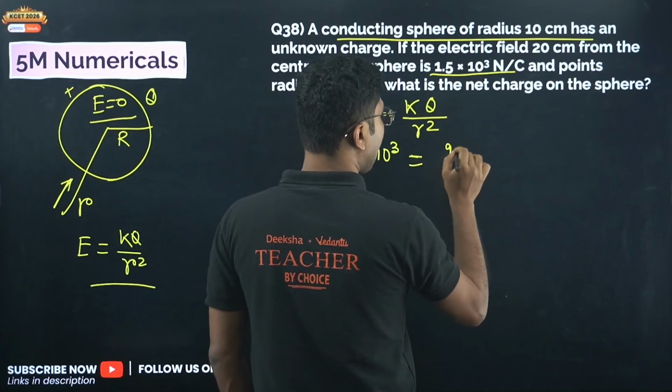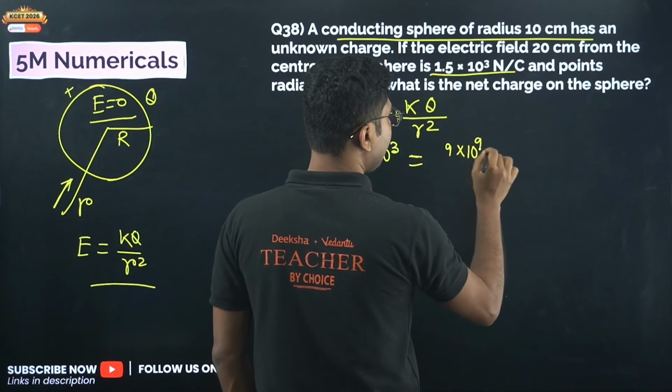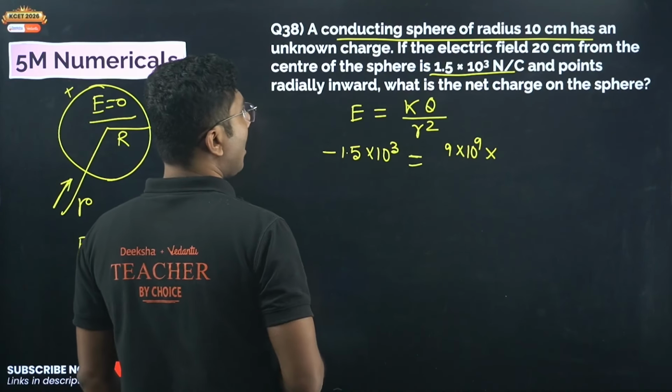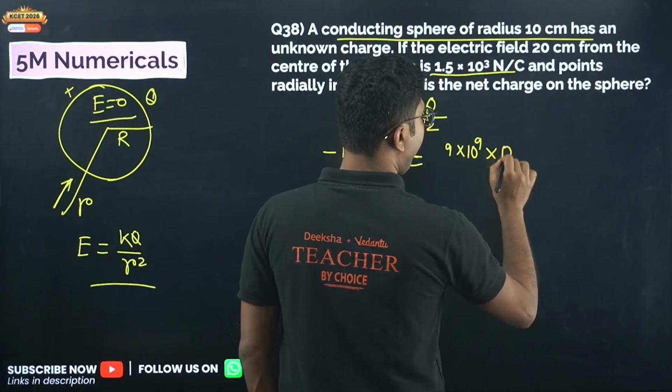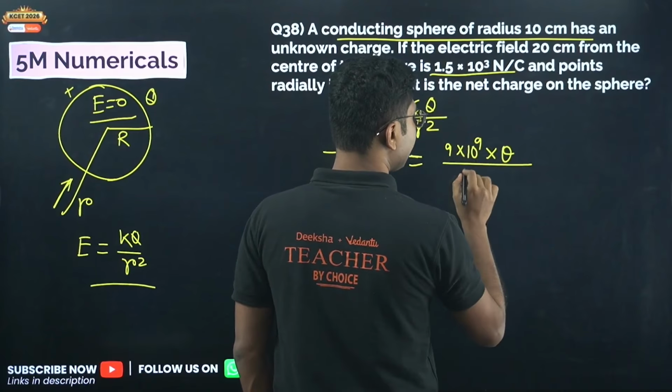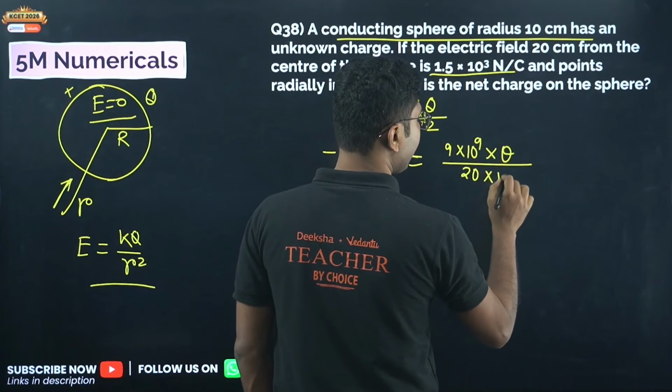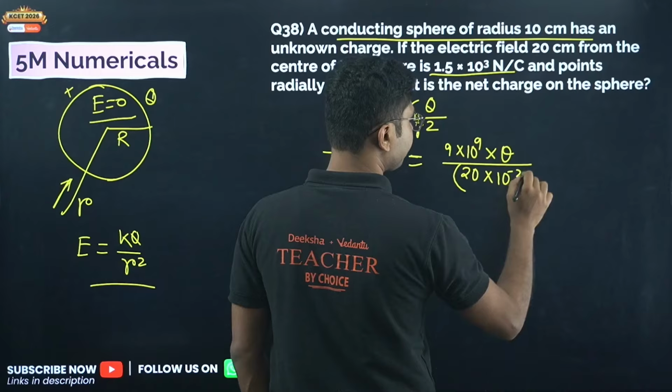K is 9 × 10^9. Q is unknown. Distance is 20 centimeter, that is 20 × 10^-2 whole square.